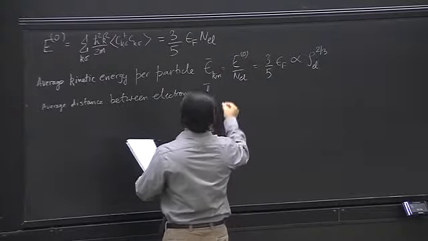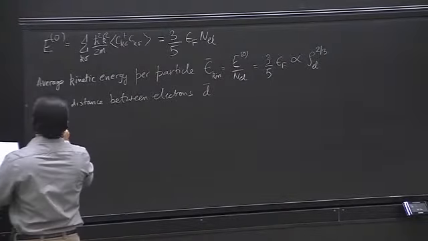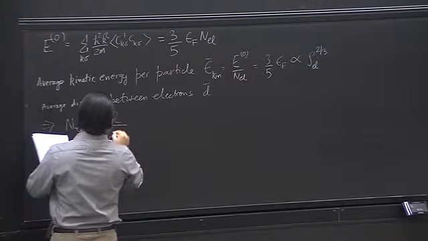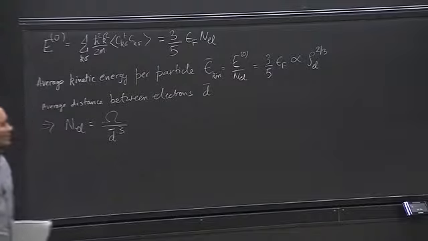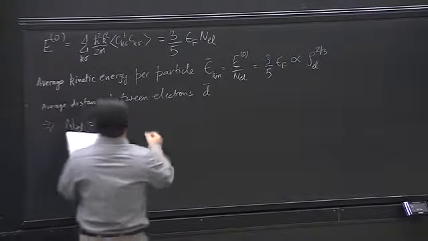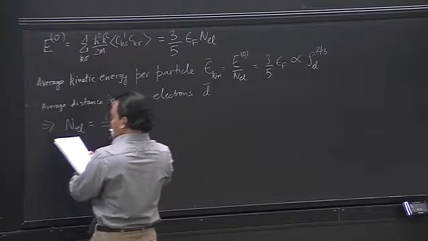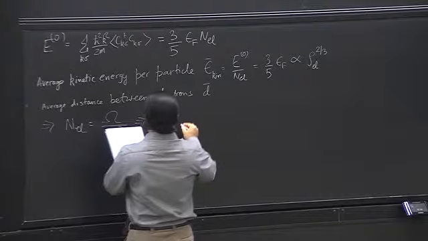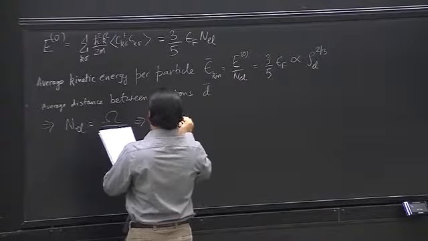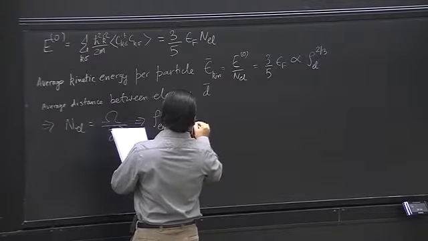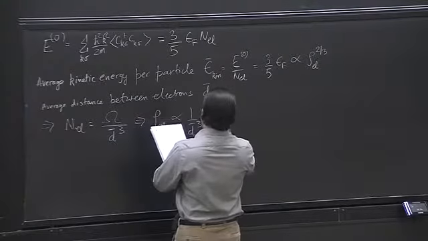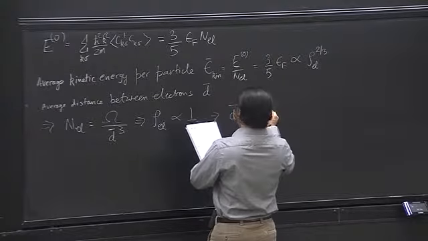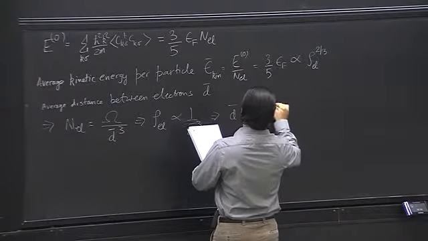That means the total number of electrons can also be written as the total volume divided by this average distance cubed. This means that rho electron goes as 1 over this average distance cubed. That implies this average distance is proportional to the density of electrons to the power minus 1 by 3.